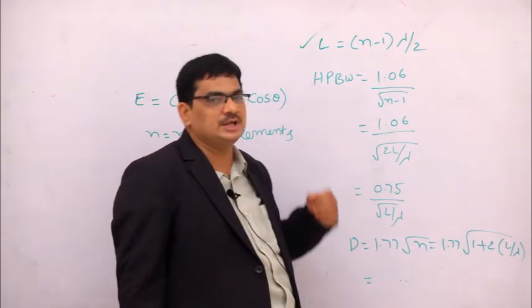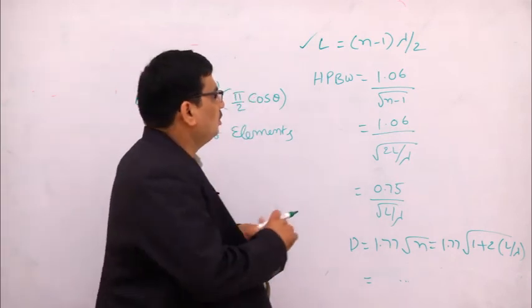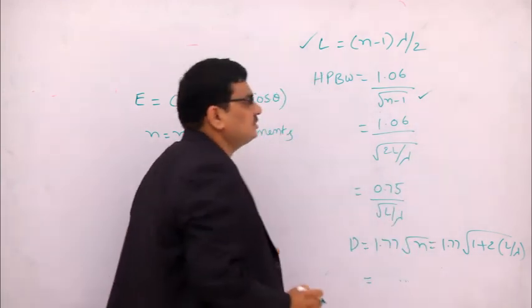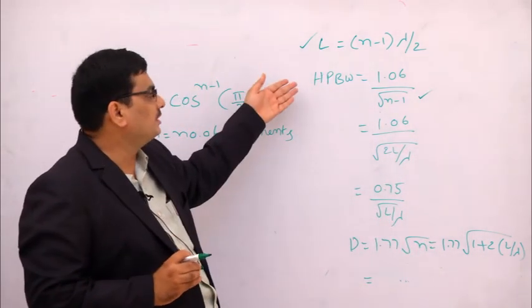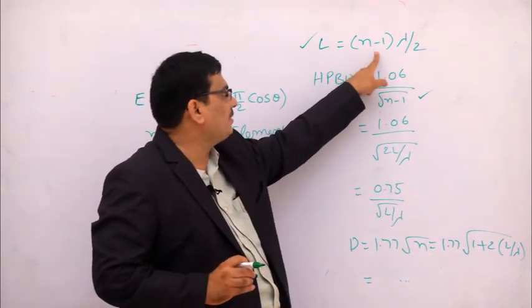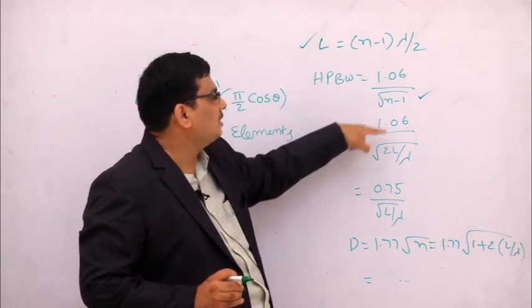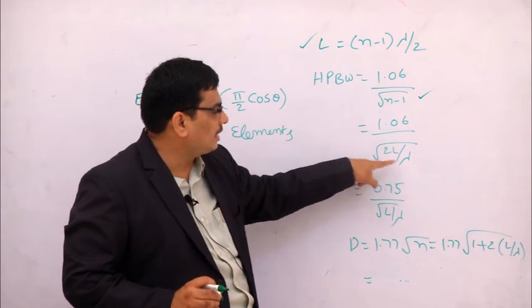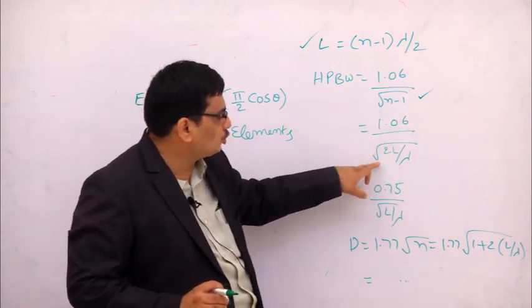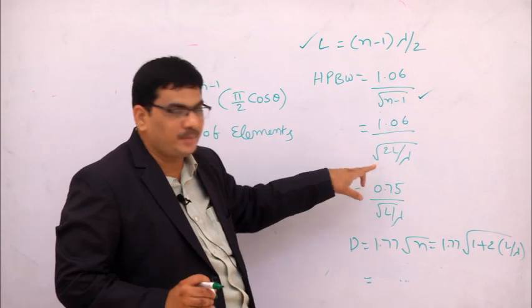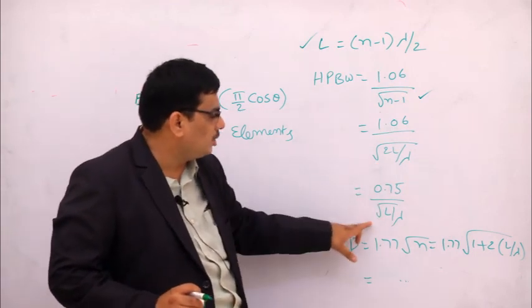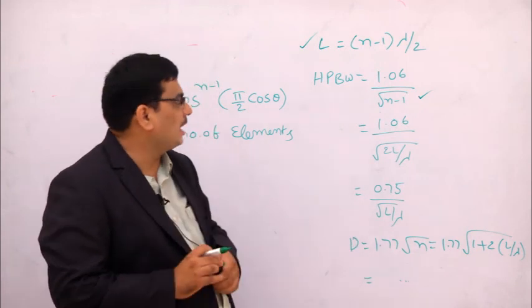The half power beamwidth equation is 1.06 by root over n minus 1. So this is the expression for half power beamwidth. From this equation, n minus 1 is equal to 2L by lambda. Substituting that value here, we get root over 2L by lambda. So 1.06 by root 2, with root 2 being 1.414, gives 0.75 by root over L by lambda.